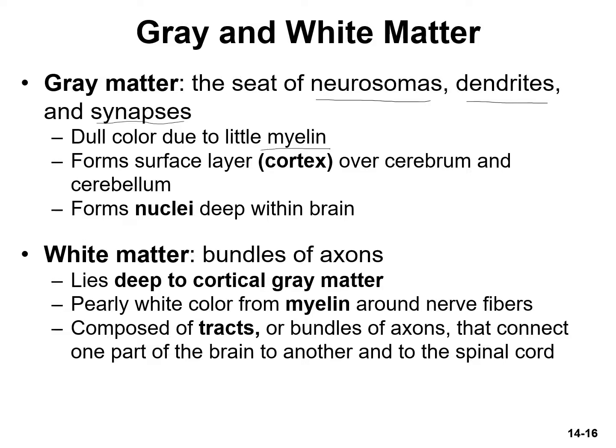So the cerebral cortex is something that will come up a lot with this lecture because that's where a lot of our higher functions are. The most complex functions of the human nervous system lie within that very thin outer layer on the cerebrum. Gray matter also forms nuclei deep within the brain, and nuclei would be plural of nucleus, of course.